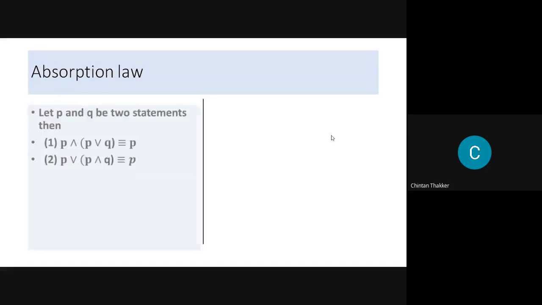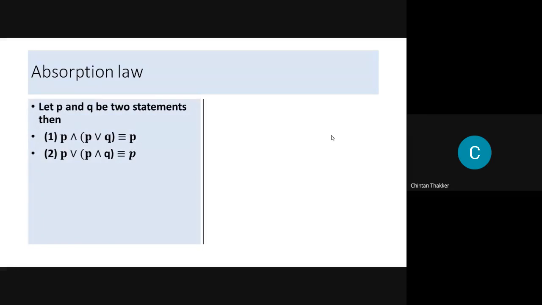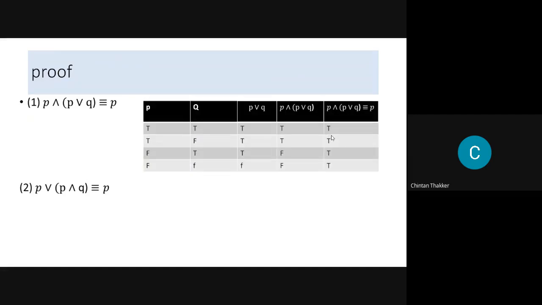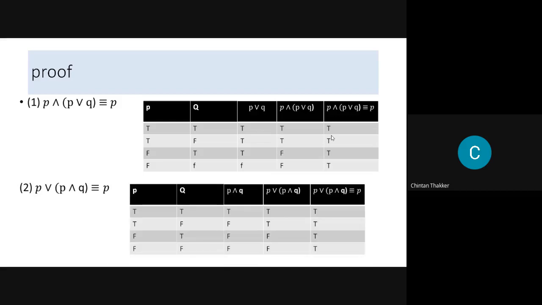Then we have the absorption law. In the absorption law, we have two statements P and Q. Then P and (P or Q) is equivalent to P, and P or (P and Q) is also equivalent to P. Here again we use the truth table to prove this, and this way we can prove this law.